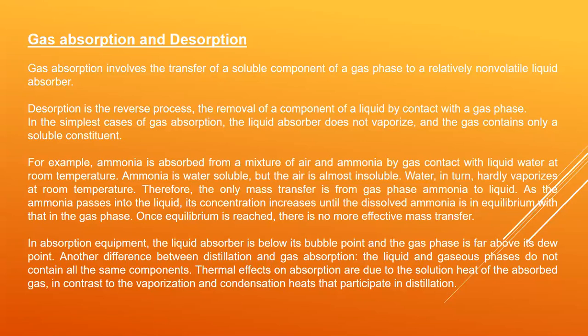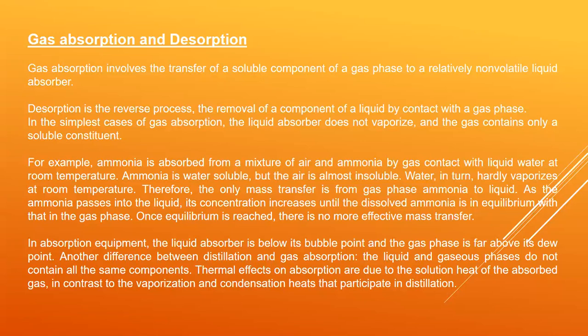In the simplest case of gas absorption, the liquid absorber does not vaporize and the gas contains only a soluble component. An example of gas absorption is ammonia being absorbed from a mixture of air and ammonia. And this is actually the majority of the sample problems that we are going to discuss later on. So this particular air-ammonia mixture is contacted with liquid water at room temperature. And since ammonia is water soluble, it is being transferred into the water, while air is inert to water, it remains insoluble.